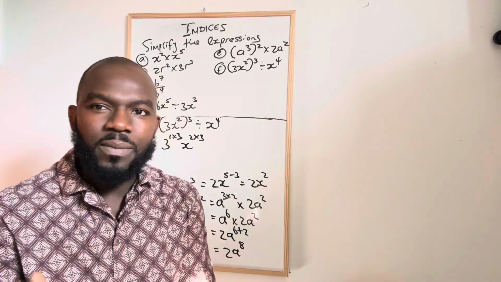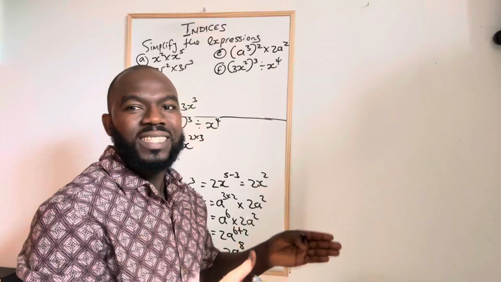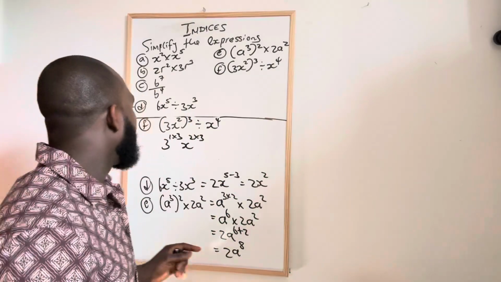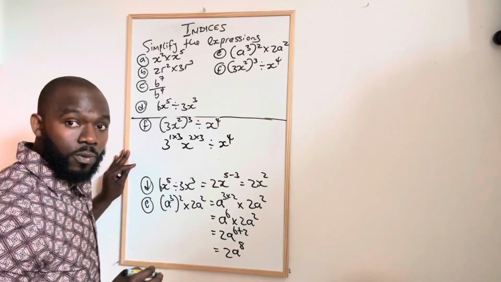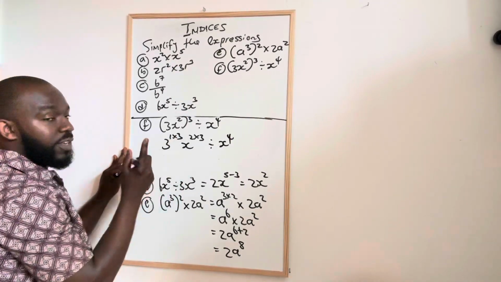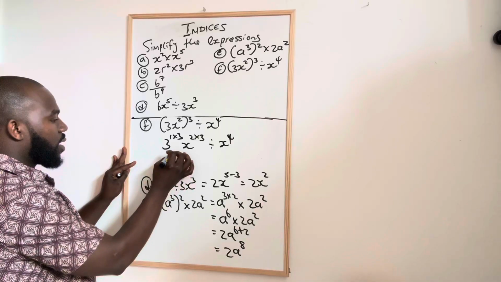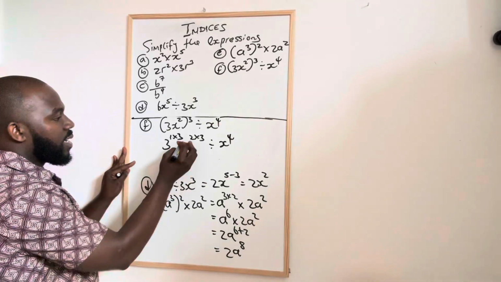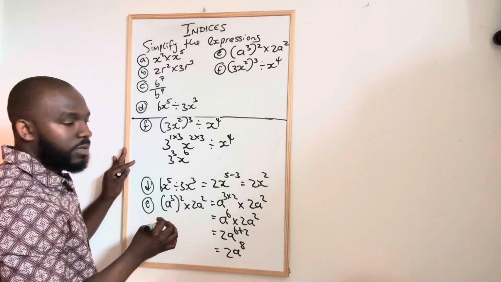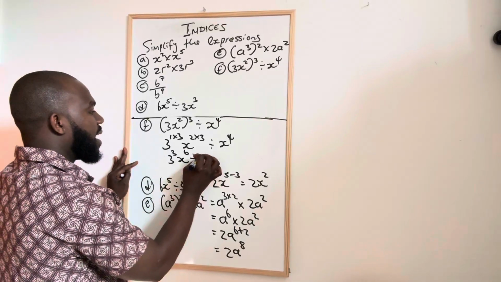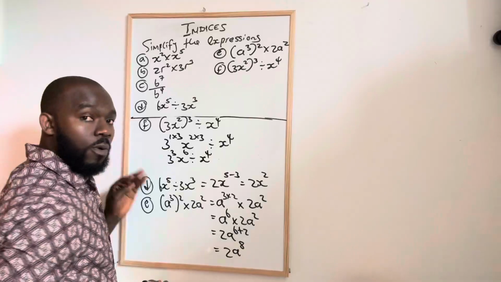The power outside multiplies all of the powers inside, like I said. Now, divided by x raised to the power of 4. Now, 1 times 3 gives us 3, so here becomes 3 raised to the power of 3. 2 times 3 gives us 6. X raised to the power of 6 divided by x raised to the power of 4.